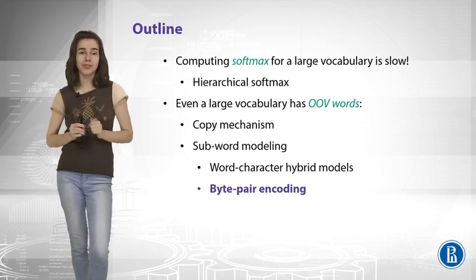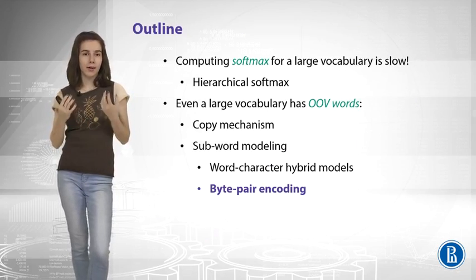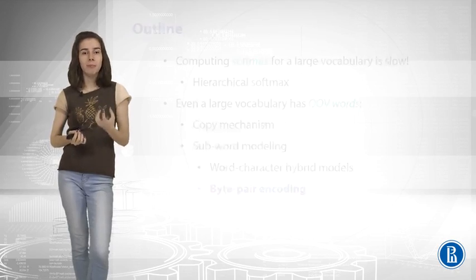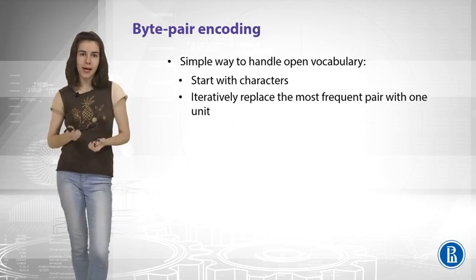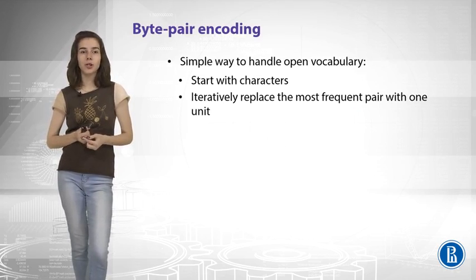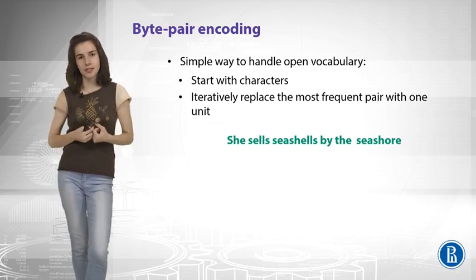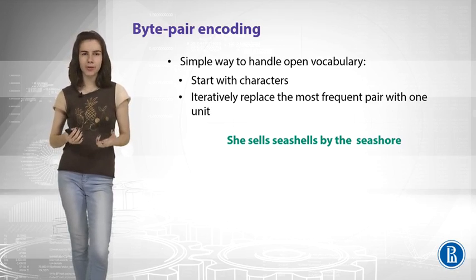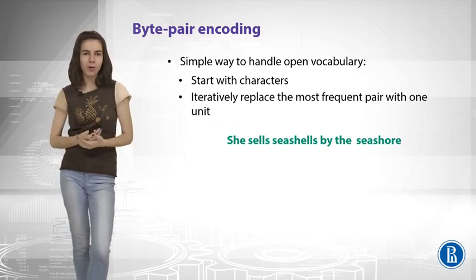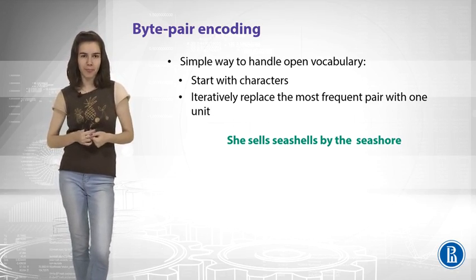Now, the second big trend would be subword modeling, and one good example of that is byte-pair encoding. Let us understand what it is. So imagine you have some sentence and you want to encode this. And you are not quite sure yet what your vocabulary is. You have just some constraints for the size of the vocabulary.